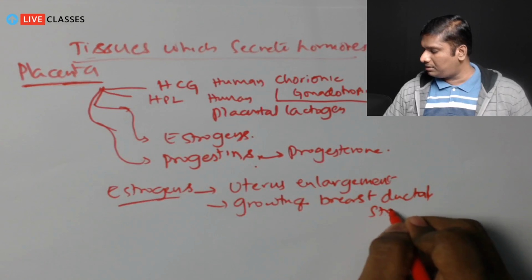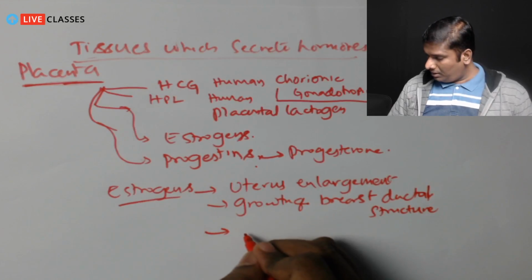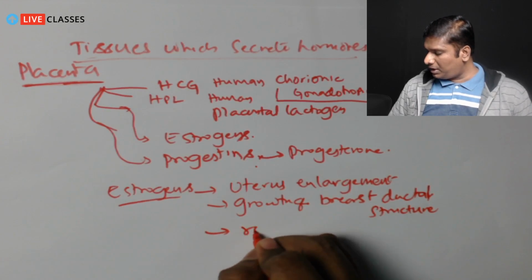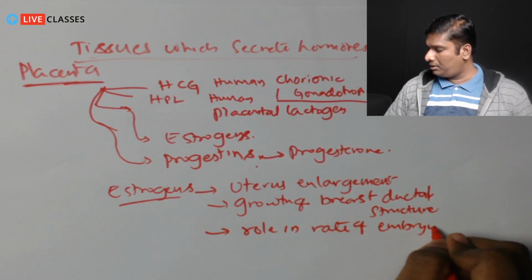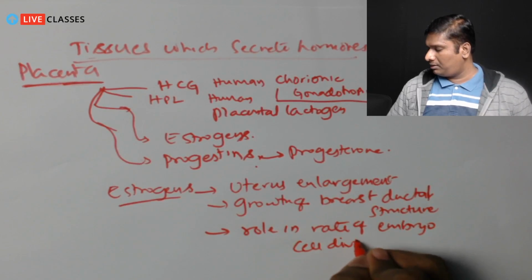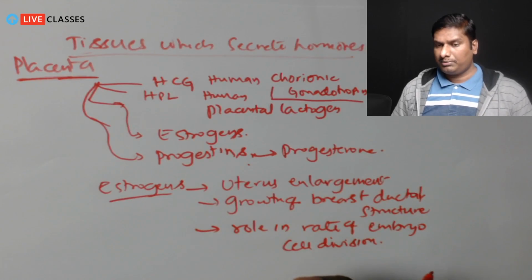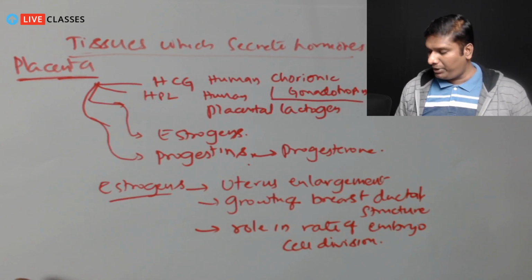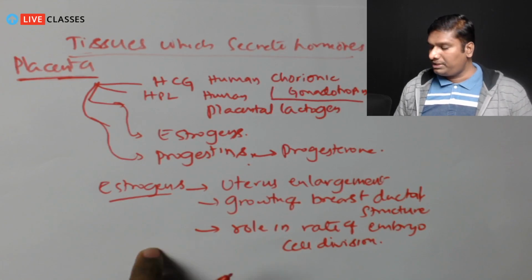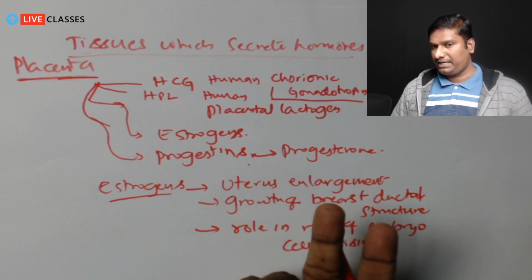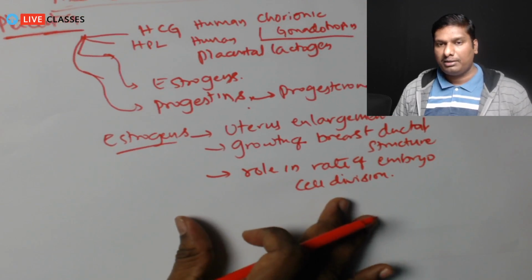It also plays a role in the rate of embryo cell division, the rate at which the cells in an embryo divide. So these are the roles of estrogens post pregnancy, the additional roles performed by your estrogens once a woman gets pregnant.